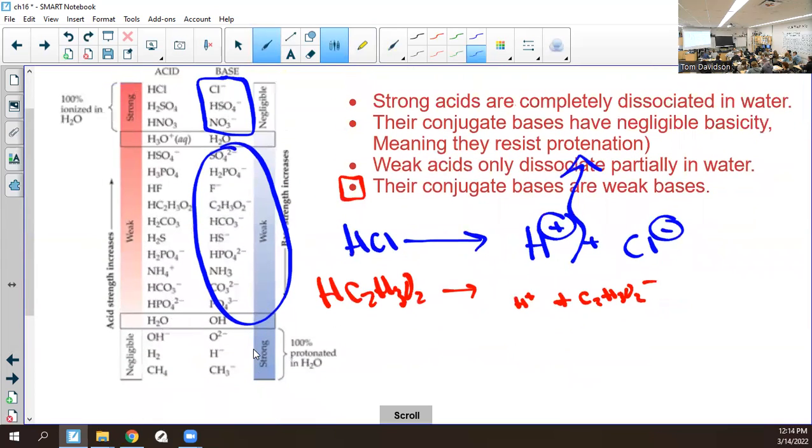Okay, same thing. I guess it kind of switches right here, but same thing here. If I add these things to water, it's not going to affect the pH in a basic way because they are strong.